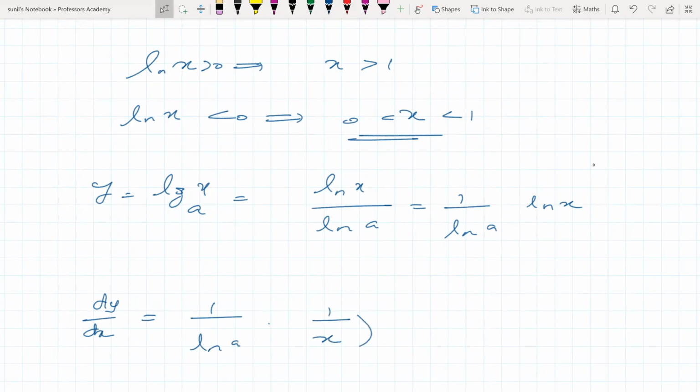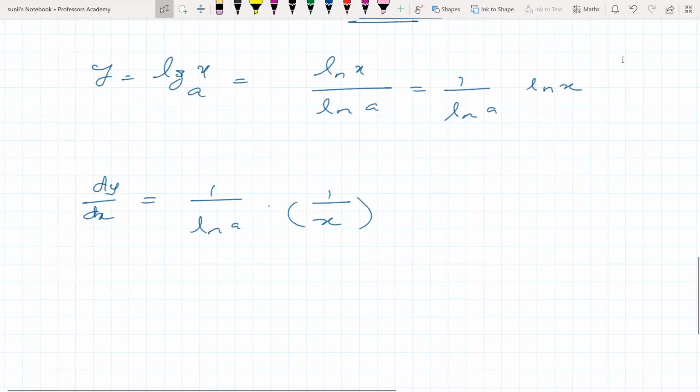The derivative of ln x is 1 by x. So the derivative becomes positive or negative according to the value of a. ln a becomes positive whenever a is greater than 1, or negative whenever a is less than 1.